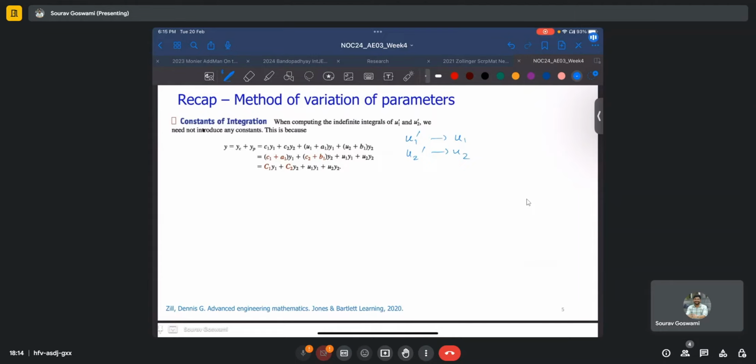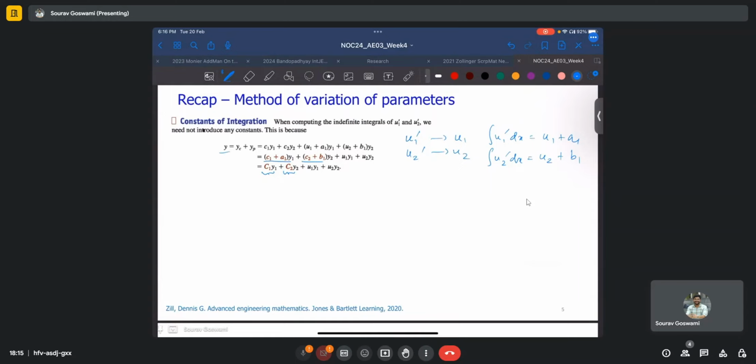Say in the case that we did put some constant, if I did integrate u1 prime to get u1 plus some constant a1, and integrated u2 prime dx to obtain u2 plus some constant b1, then for the general solution, if we substitute it back, this will turn out to be a part of the existing coefficients, and then we may just simply substitute them with some other arbitrary constant. So it does not really matter.